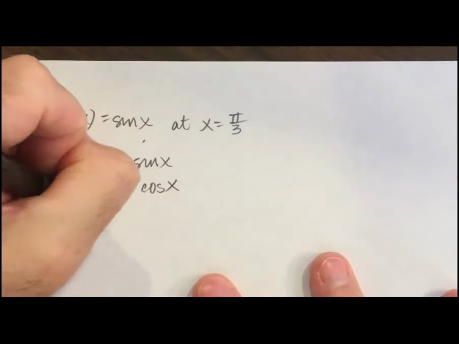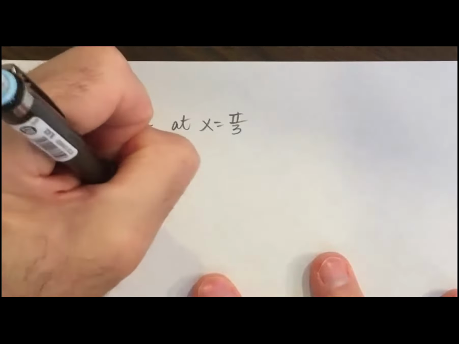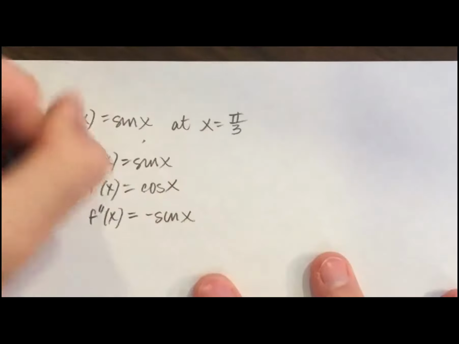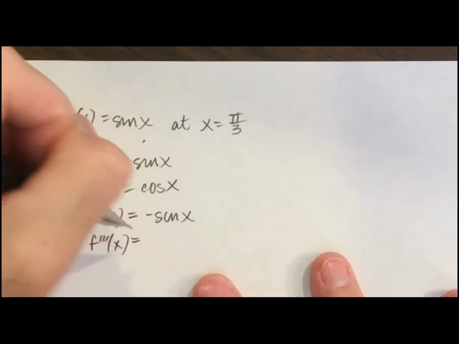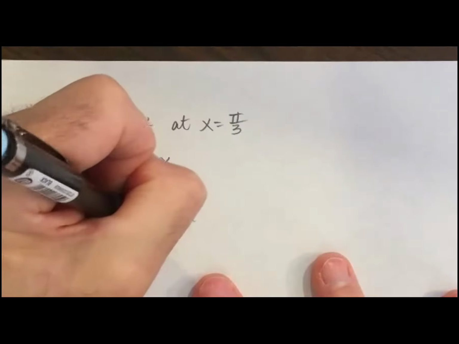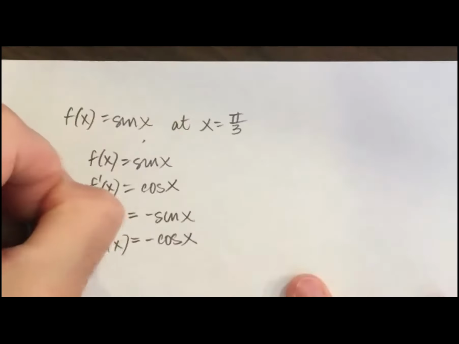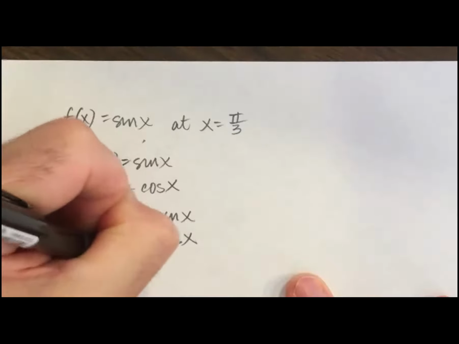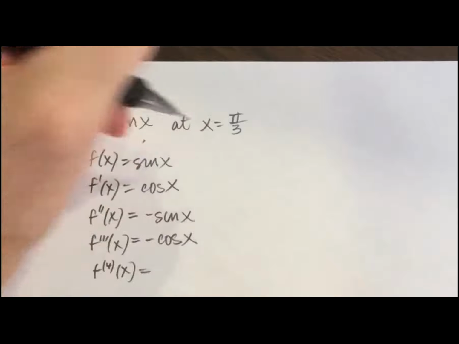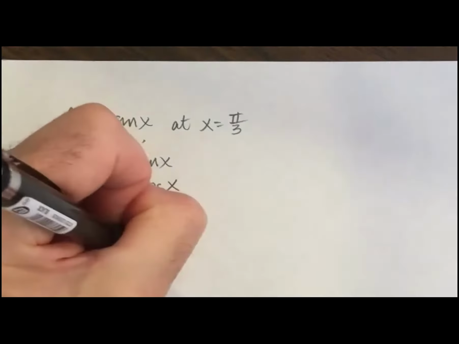And then the second derivative, the derivative of cosine, opposite sine. And then the third derivative, derivative of minus sine, minus cosine. And then the fourth derivative, if you want to go this far, derivative of minus cosine is minus a minus sine, which is back to sine again.